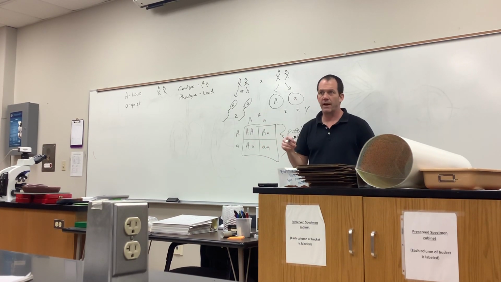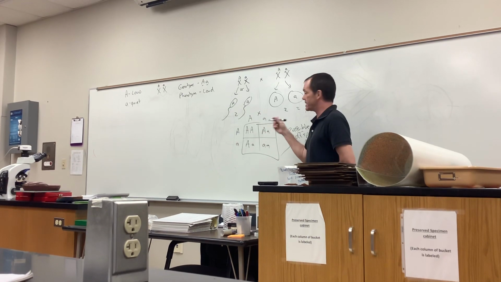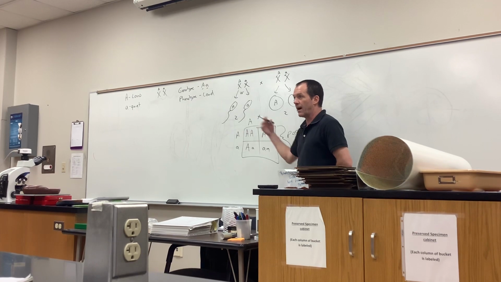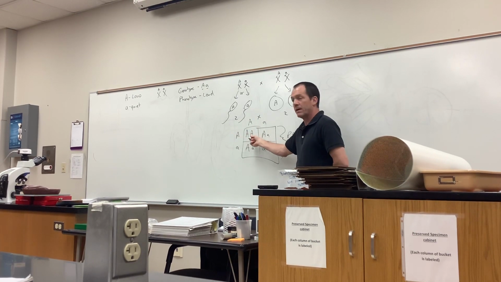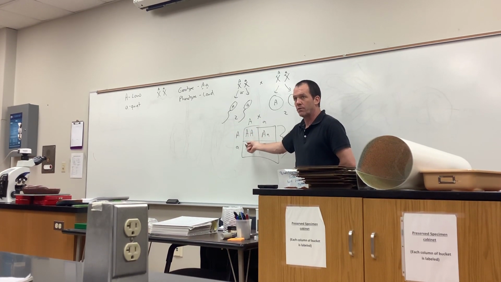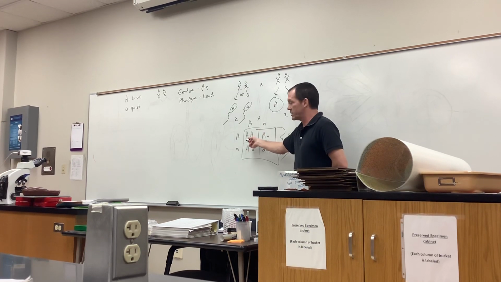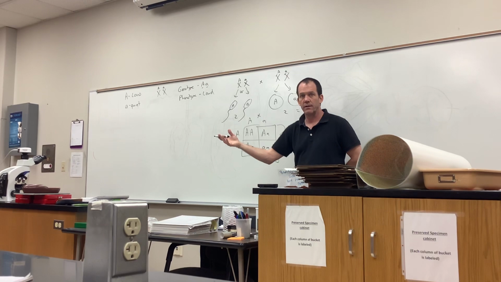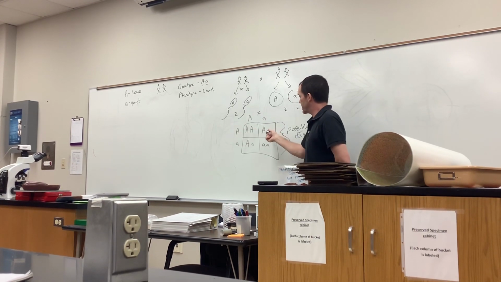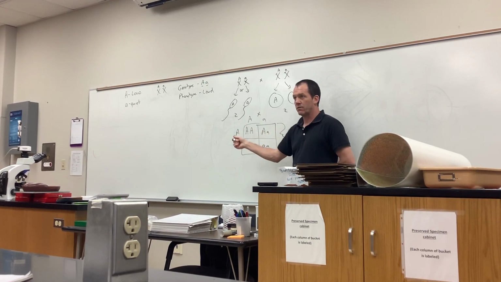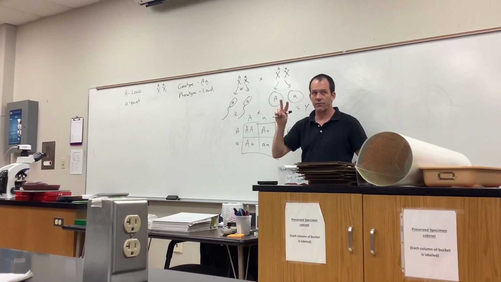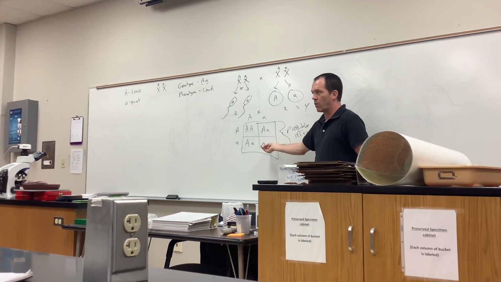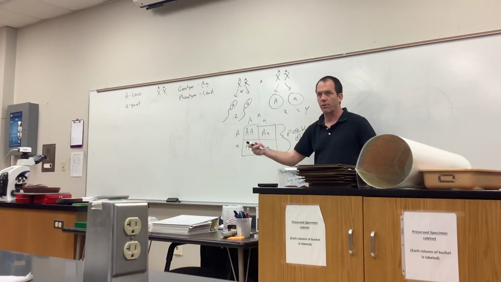But these 2 people are going to have 1 offspring, and it's got a chance of being any one of these things. So the odds of these 2 people giving birth to a loud homozygote are 25% or 1 out of 4, right? The odds of them producing a loud heterozygote, 50% or 2 out of 4. And the odds of them producing a quiet, obviously a homozygote, 1 out of 4 again, or 25%.